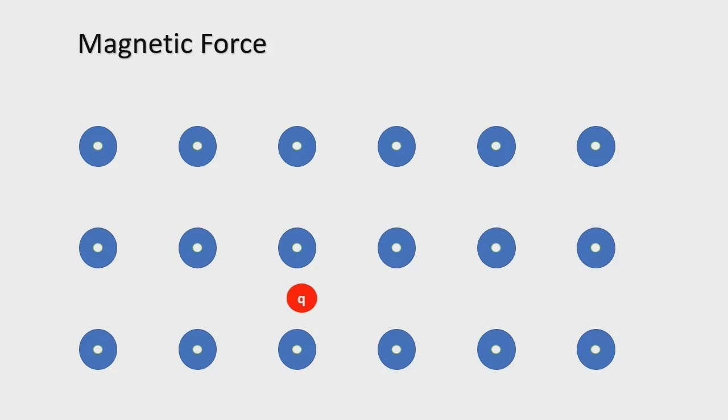As the charge moves, its movement is perpendicular to these magnetic field lines, since its velocity is towards the left, along the x-axis. And since the magnetic field line is towards the observer, this will be the z-axis.